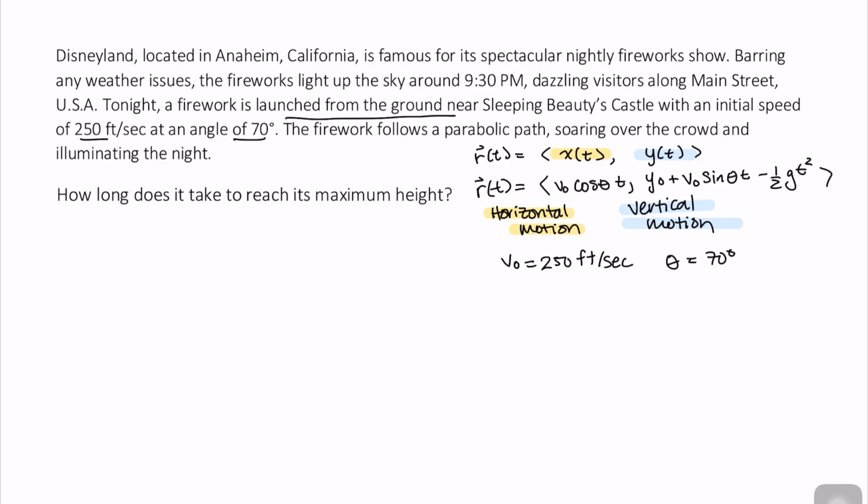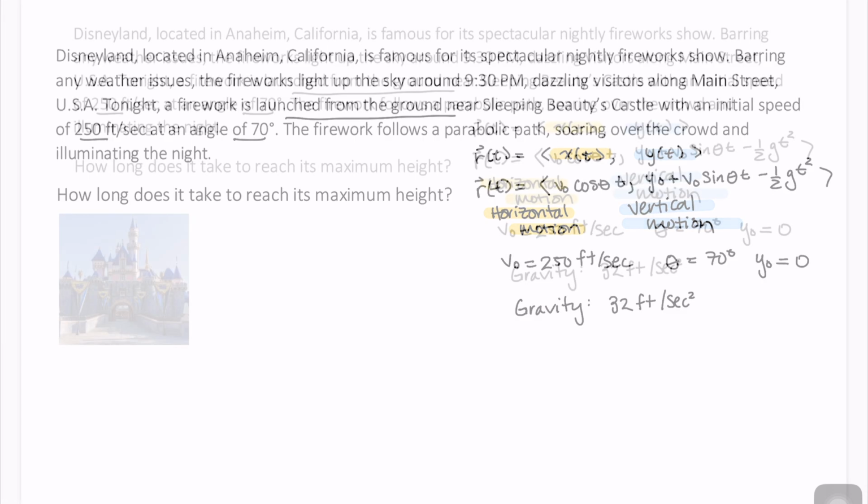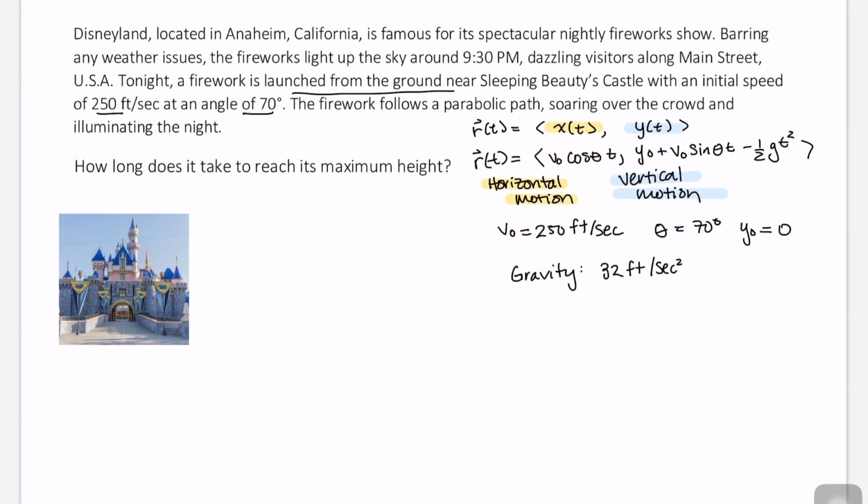That tells me that y naught is 0. That's the initial up and down height. Oh, and we're missing one last thing. Gravity is 32 feet per second squared. So we're ready to set up our problem.